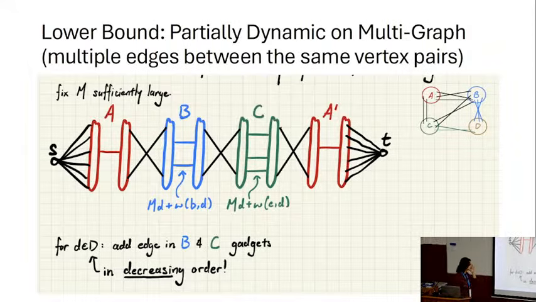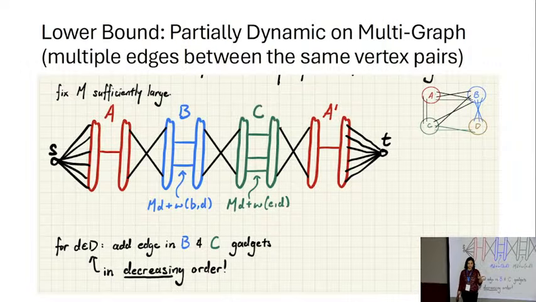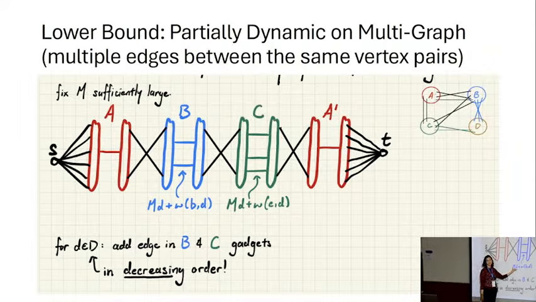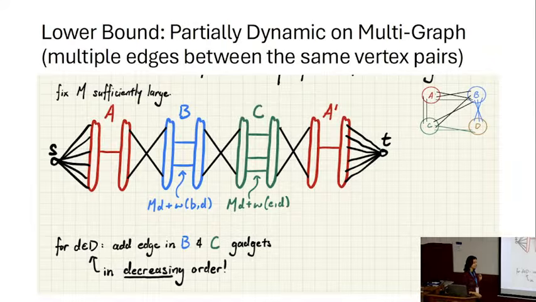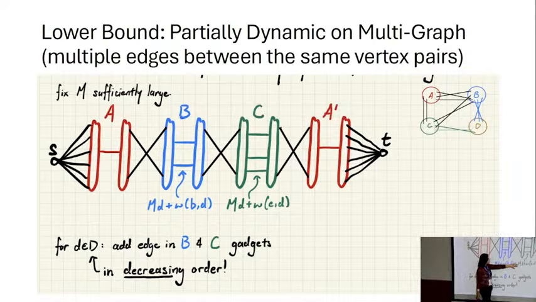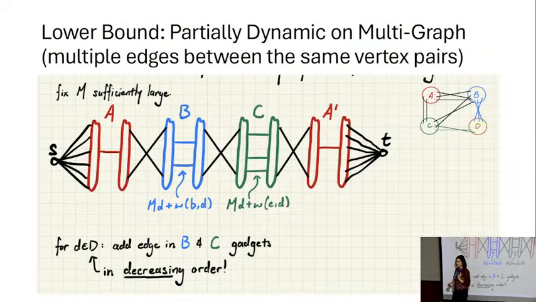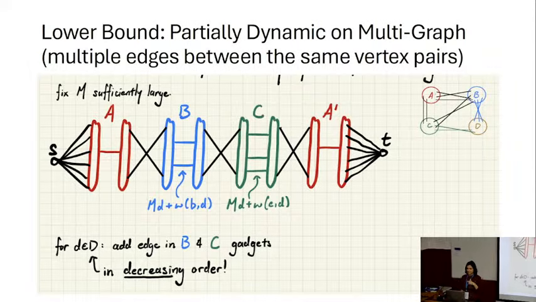As you go through D in decreasing order, when you choose a smaller D, that smaller D's edges will be favored. Because otherwise the weight is just too much. So you will never be considering edges over here for higher D. So whatever new edges you are inserting for smaller D, those will be favored. Okay? So that's what you do here. So M times D plus weight of BD. In C, you will also do the same thing, M times D plus weight of CD. Okay? So that's the changes in B and C.